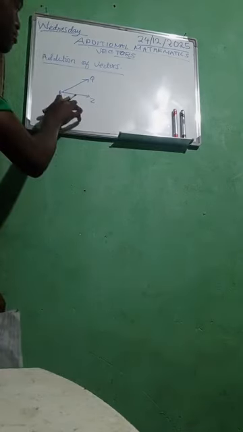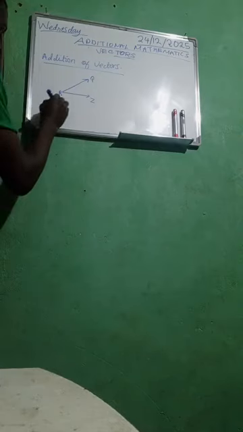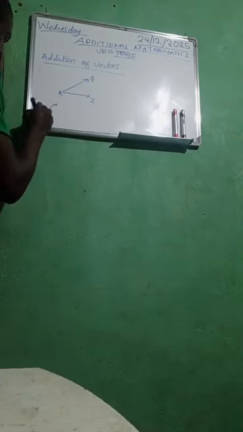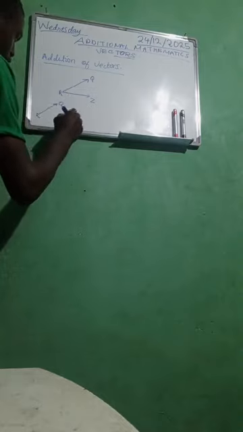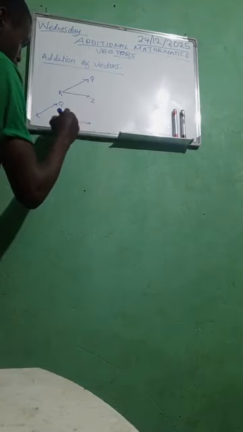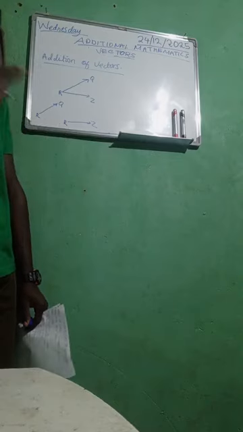Now, if you are told to add these two vectors, let me just break them down first of all. We have vector RQ. This is R, this is Q. Then we have vector RZ. So there are two vectors. You are given a question like this. There are two vectors like this, and then they tell you to add them.